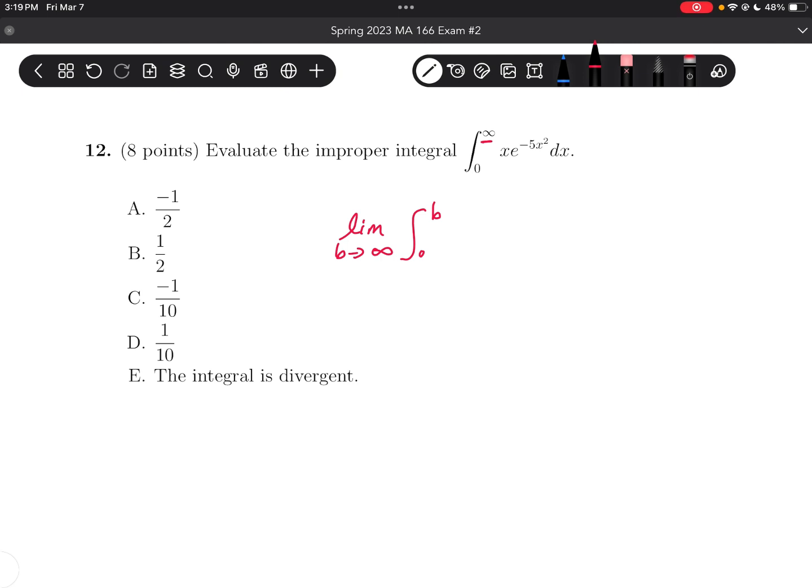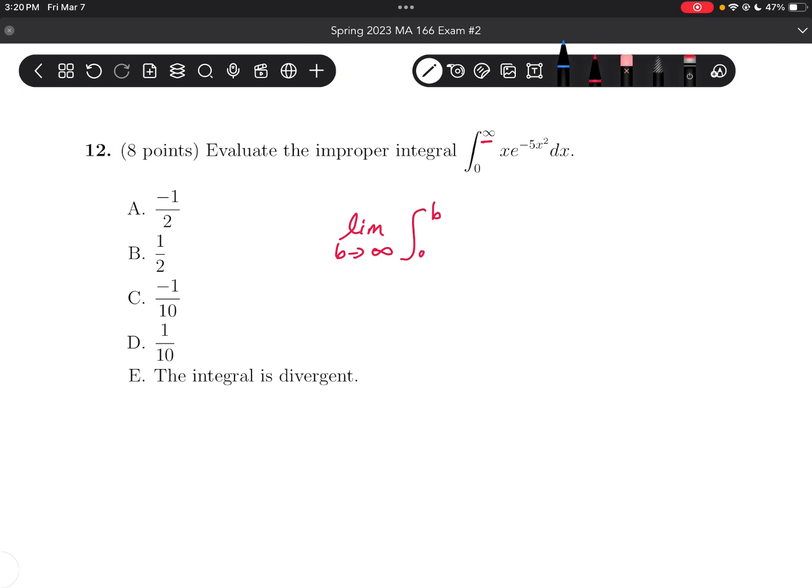Okay, so now we've taken care of this improper infinite bound. Now we have to take a look at the expression in our integral. The expression is x times e to the power of negative 5x squared. This is not something that we can easily find the antiderivative of, so we have to use one of our integration methods.